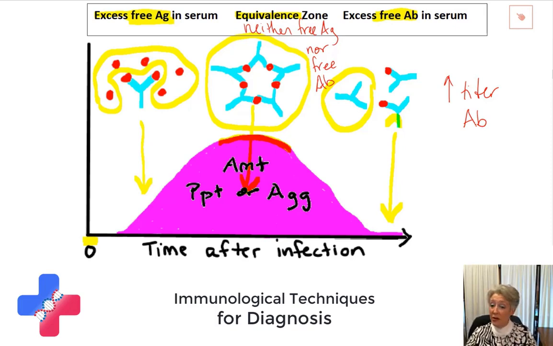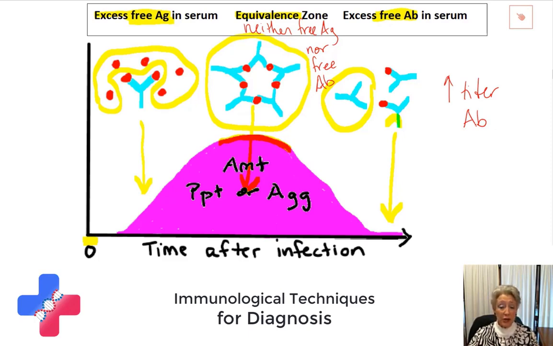Okay? Now, this is an absolute. It doesn't matter what I'm talking about as far as the pathogenic process that's generating an immune response. I will be in antigen excess, followed by a brief period of equivalence, and then I will lapse into antibody excess in the serum.